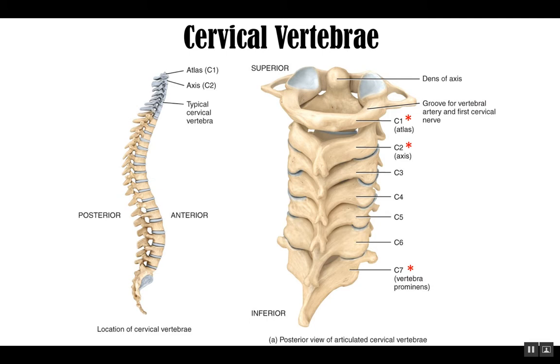A pivot joint in the body allows a structure to rotate. So when you rotate your head side to side, when you're shaking no, that right to left rotation is done because you have a pivot joint between the atlas and axis. That pivot joint is specifically known as the atlantoaxial joint.